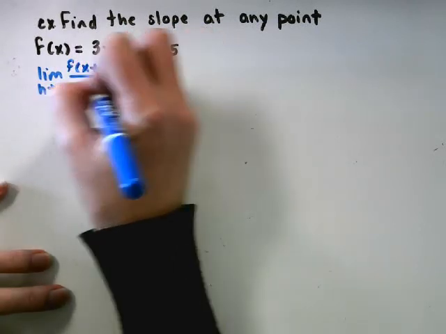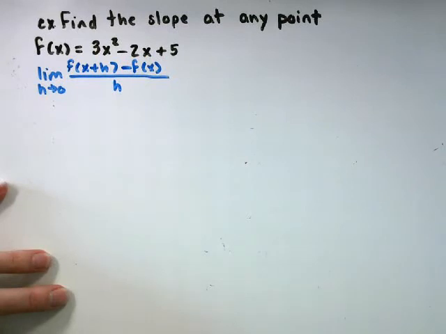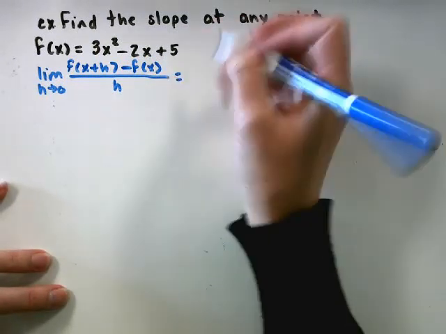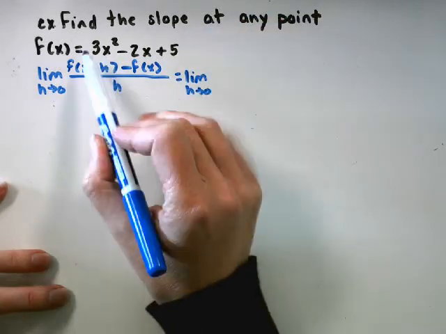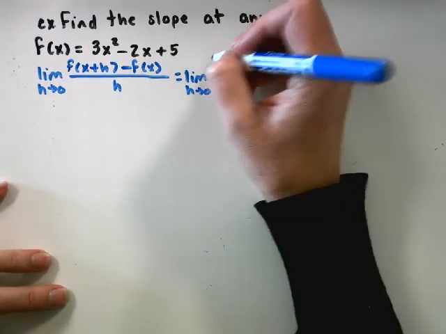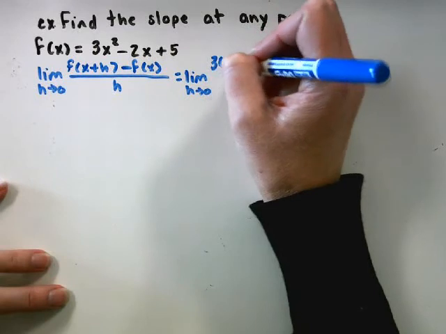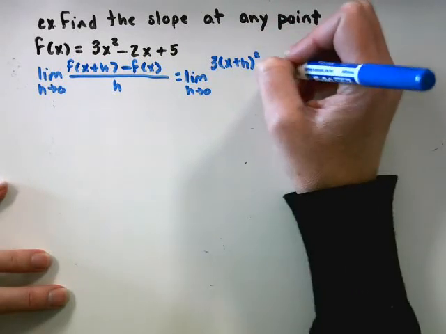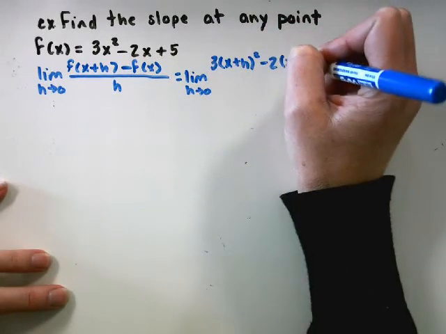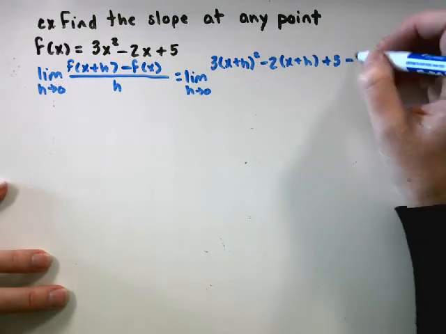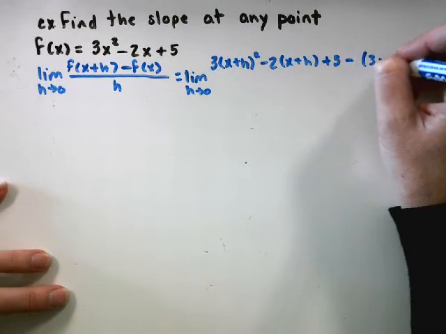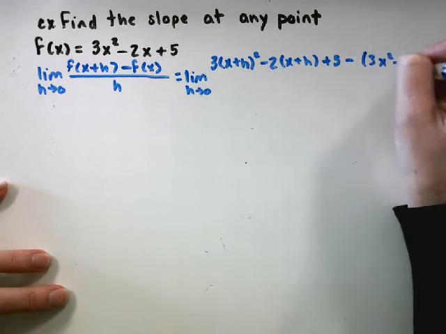So we plug in x plus h here, minus f of x, all over h.